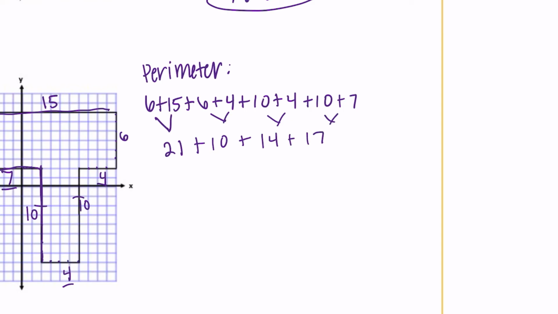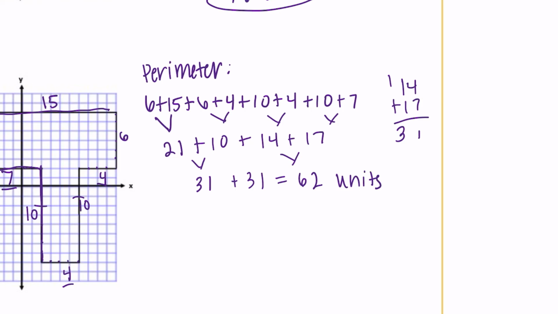Plus 17. So we have 21 plus 10 is 31. And 14 plus 17. I don't want to make a mistake here. It's 31. So we get 31 plus 31 is 62 units. So the perimeter is 62 units.